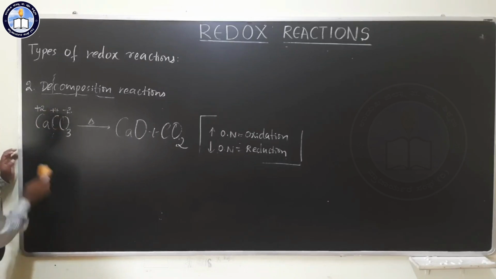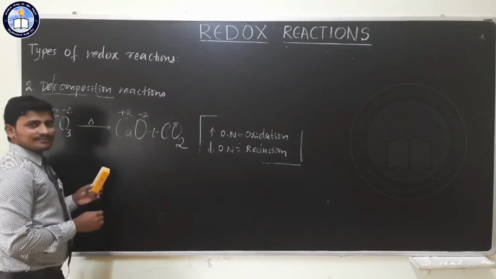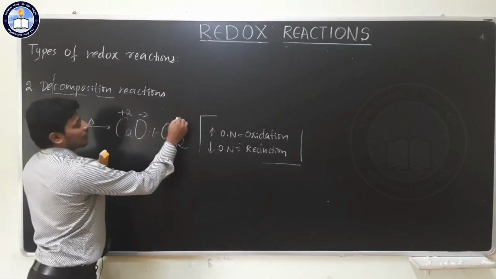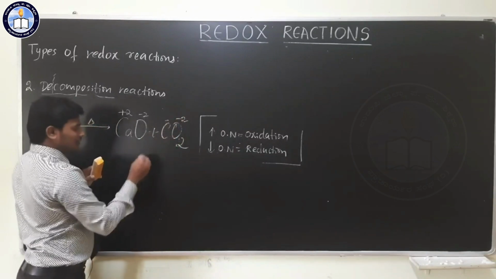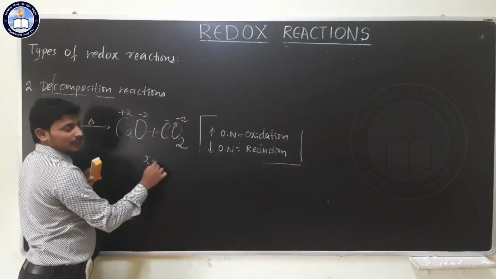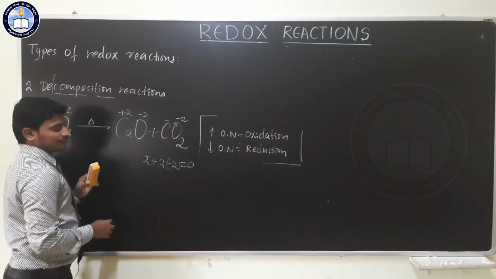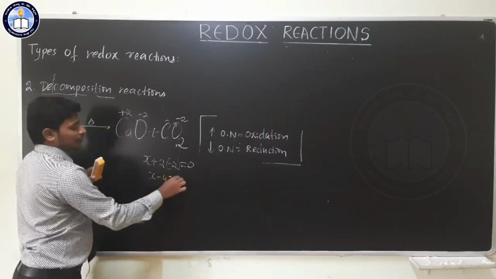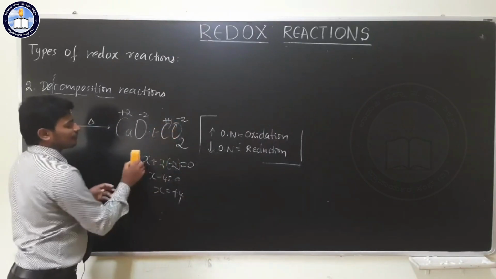Now in this case, calcium is +2 and oxygen is -2. Let us calculate carbon: x plus 2 times -2 equals 0, x minus 4 equals 0, therefore x equals +4 on carbon.